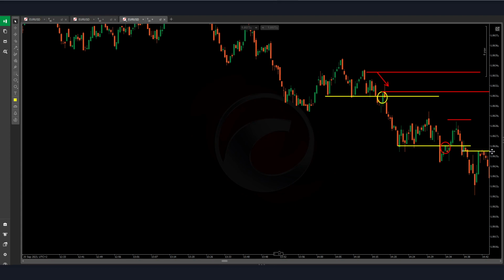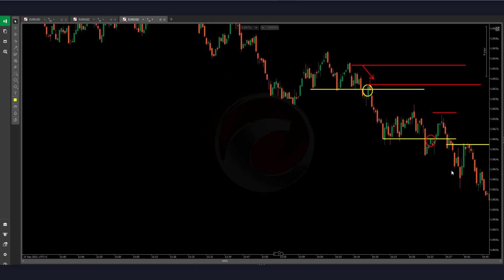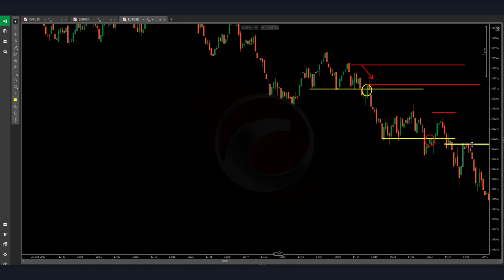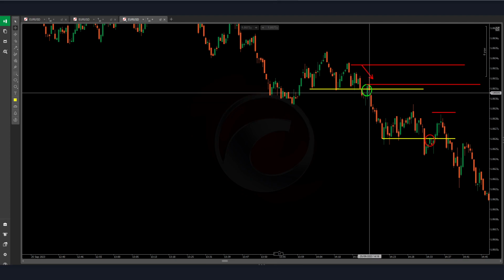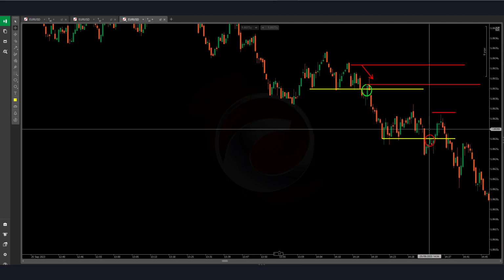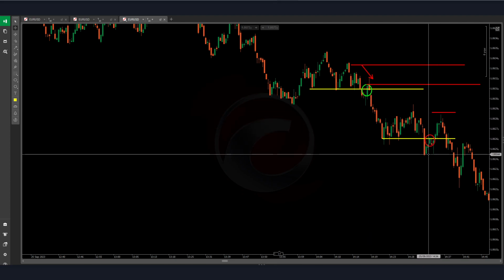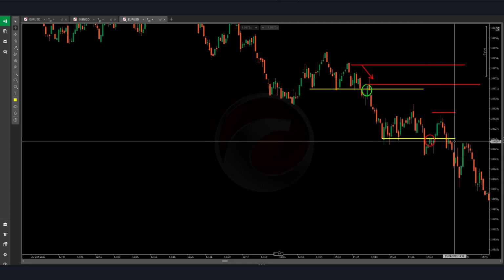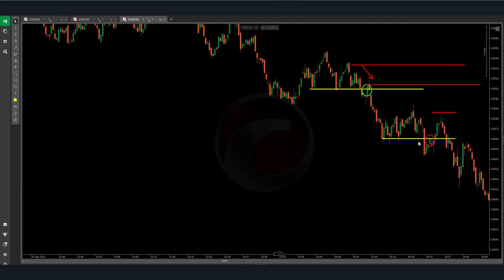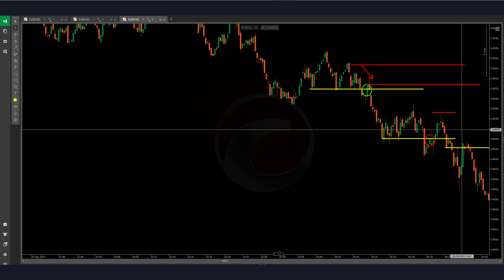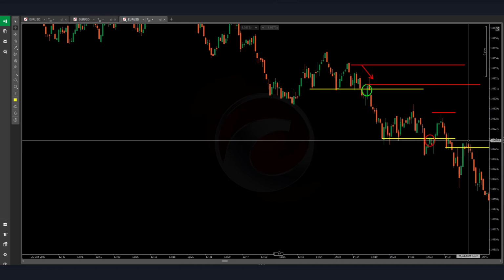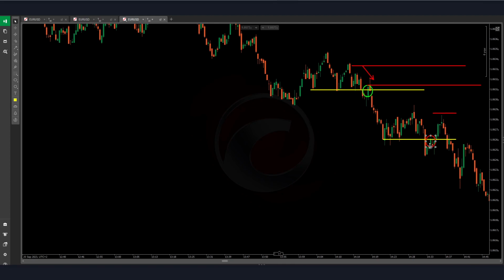The entry would have been of the retest of these lows over here. So this one for sure now is a winning trade. Our re-entry would have been probably a loss, I'm not sure. And if we would have re-entered again, we would have probably got another win over here if we re-entered anywhere over there. So this is the original trade.